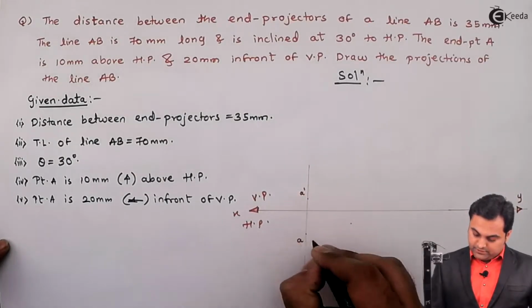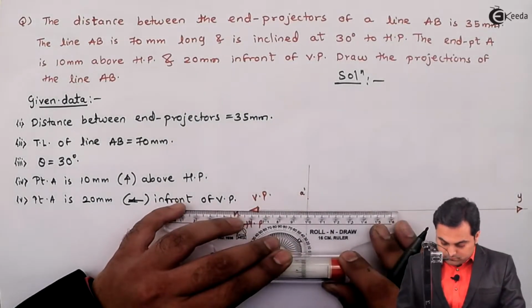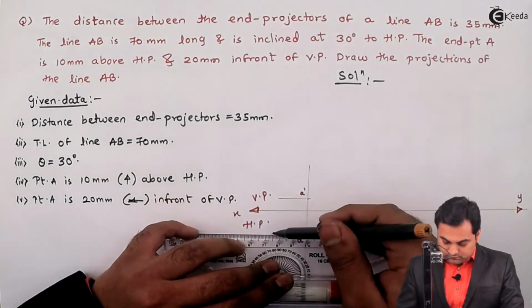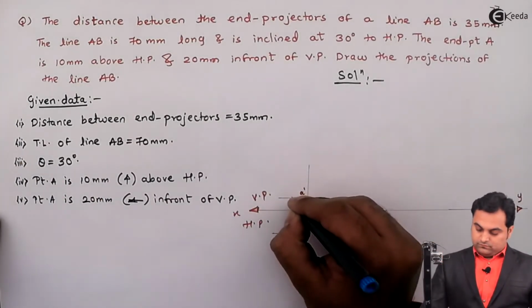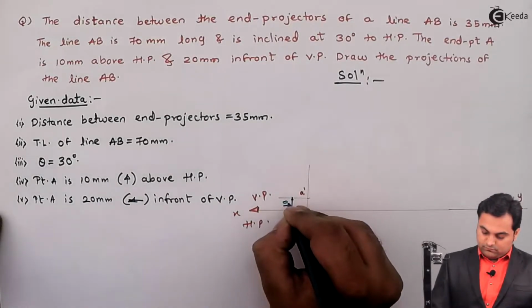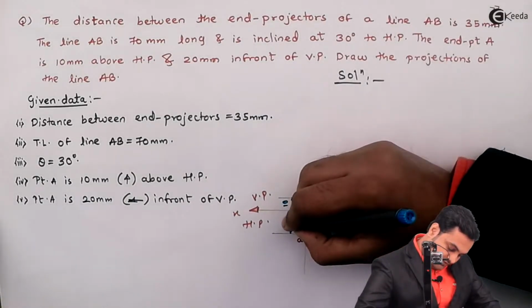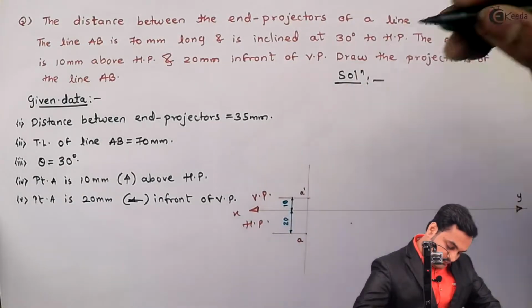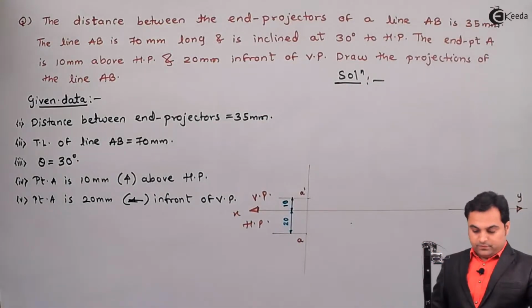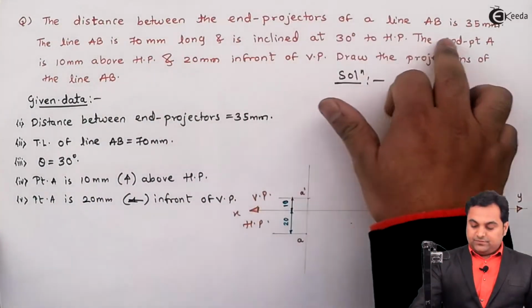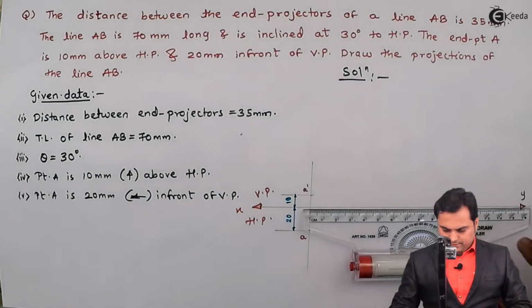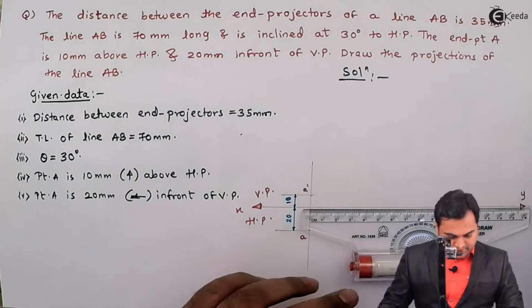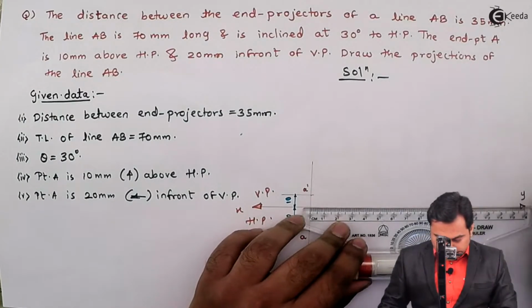Point A dash and A. Ten mm above HP, 20 mm in front of VP. Then the distance between the end projectors is given as 35 mm. So here I am marking the distance between end projectors, which is 35 mm.